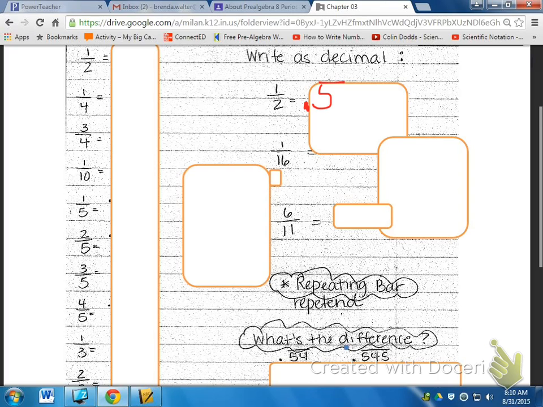So with 1/16, you got to be really careful. You're going to take 1 divided by 16. And I want you to be very careful about your spacing, about your lines, your columns. I'm going to add a decimal right here after the 1 and then take it straight up. Well, when I add a 0, I'm trying to take 16 into 10. Does 16 go into 10? No, not at all.